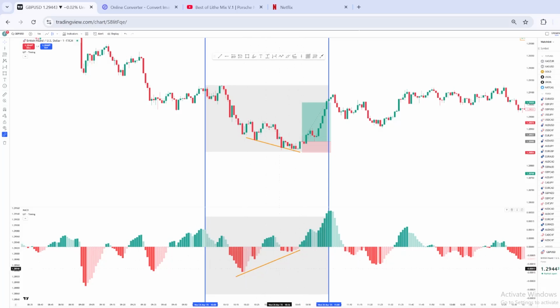So we have a higher high on the MACD histogram but a lower low on the price, so that is called a regular divergence, and we only use the regular divergences, we don't use the hidden ones.